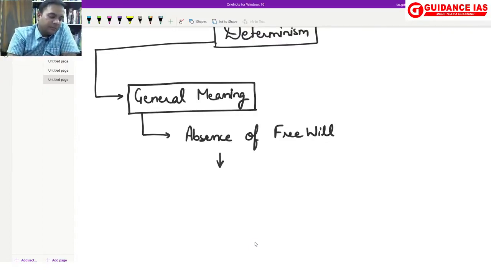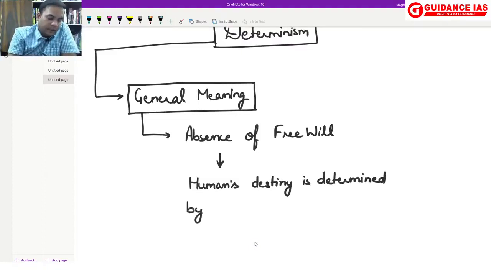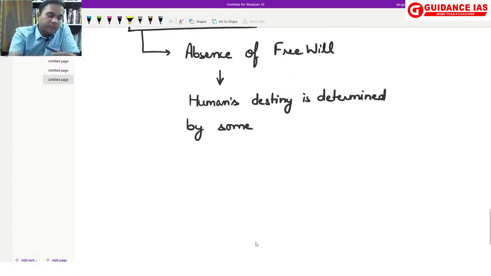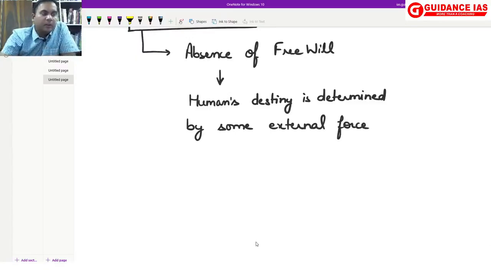It means that humans' destiny is determined by some external force. It is determined by some external force.